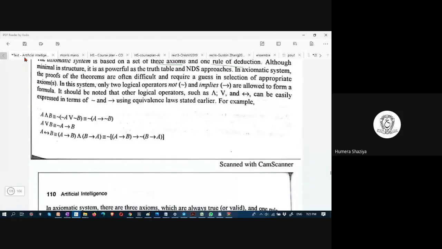These are the equivalent statements. A and B is equivalent to this one, which is further equivalent to this one. A or B is equivalent to not A implies B. A equivalent B is logically equivalent to A implies B and B implies A, which is logically equivalent to not A implies B implies not B implies A. So these are equivalent statements. It's like saying A plus B equal to B plus A.